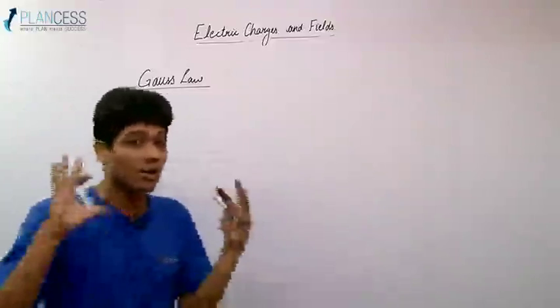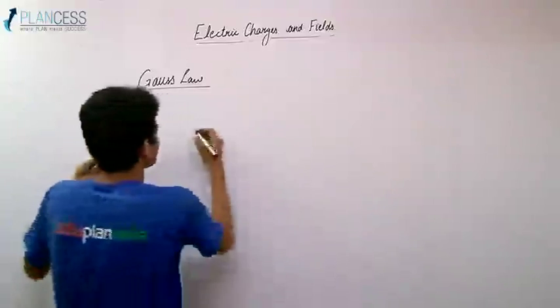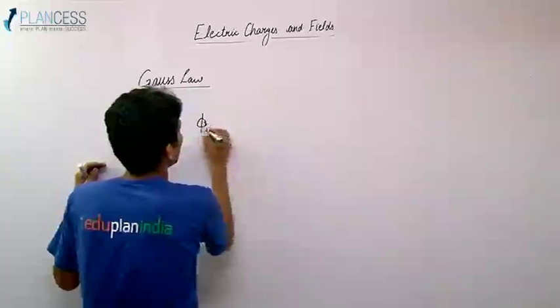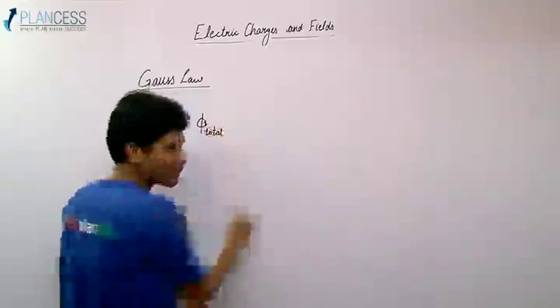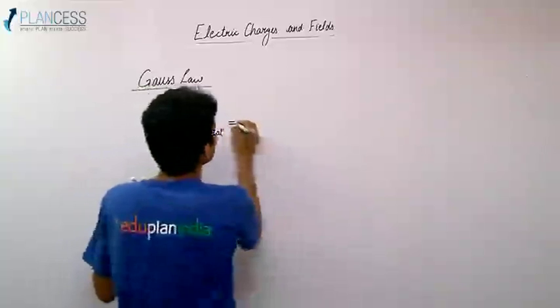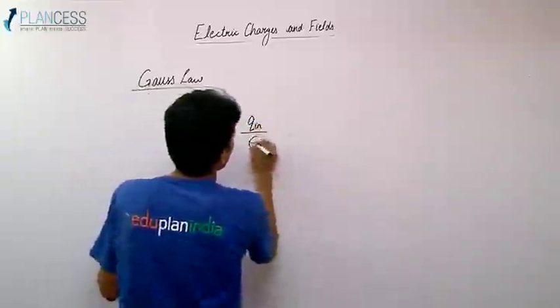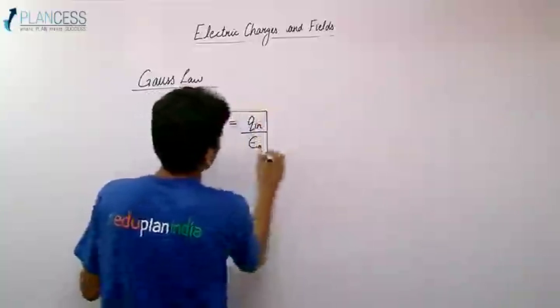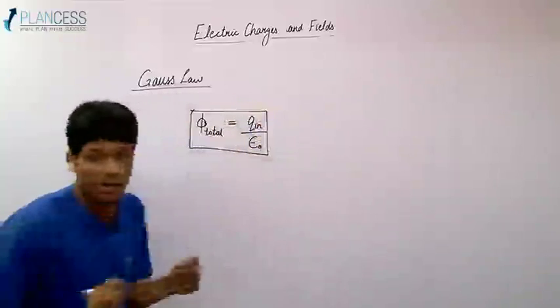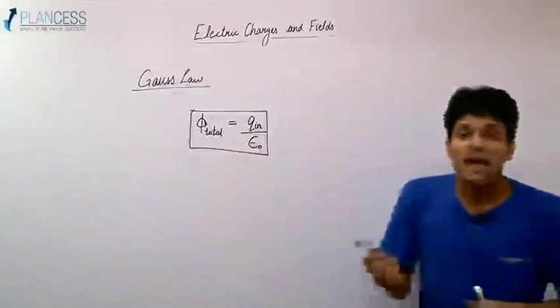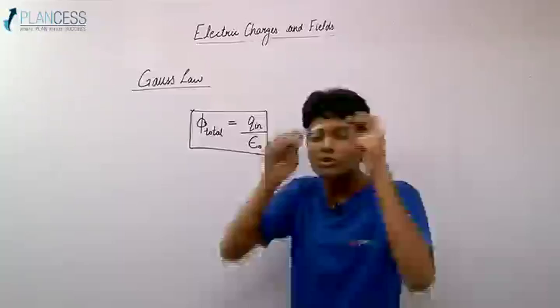The total flux which passes through that surface is equal to Q in upon epsilon naught, where Q in is defined as the total charge that lies inside that closed surface.